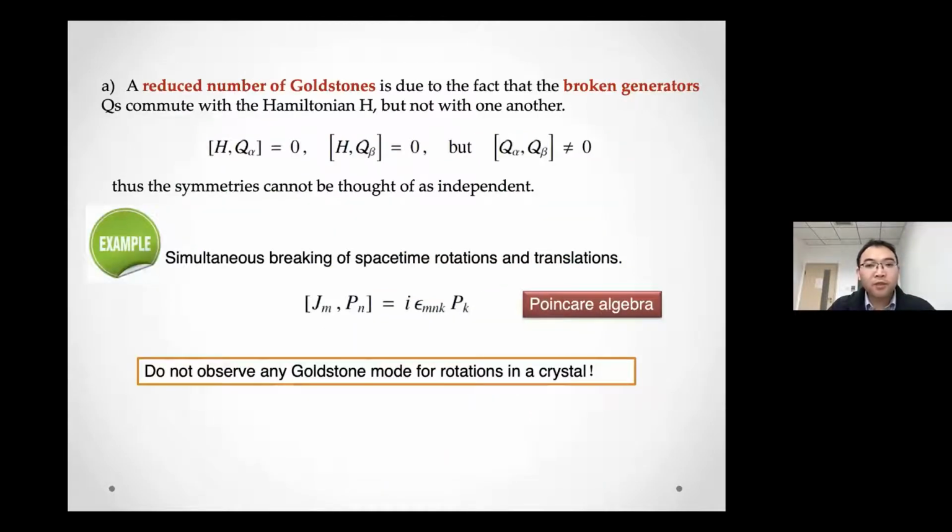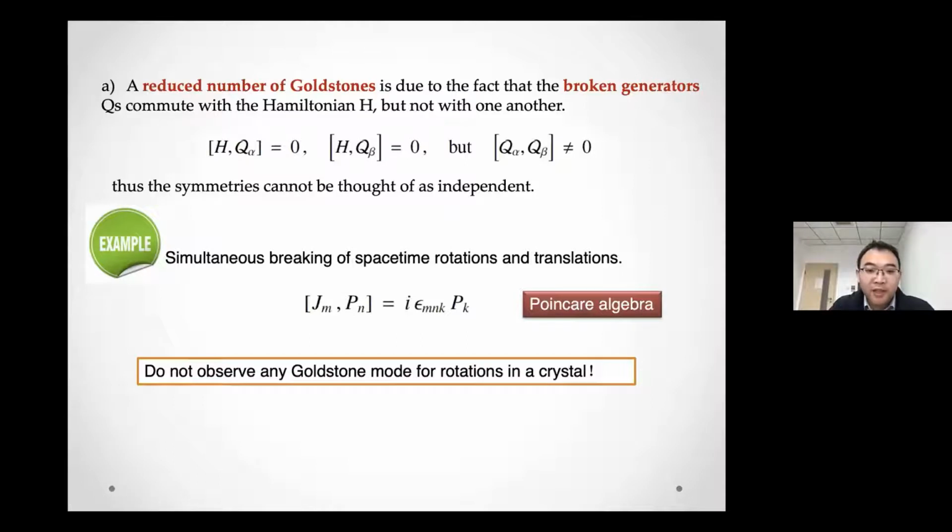For the first case, the reduced number of Goldstones is mainly due to the fact that the broken generators, say Q alpha and Q beta, commute with the Hamiltonian, but not with one another. So the symmetries are not independent.